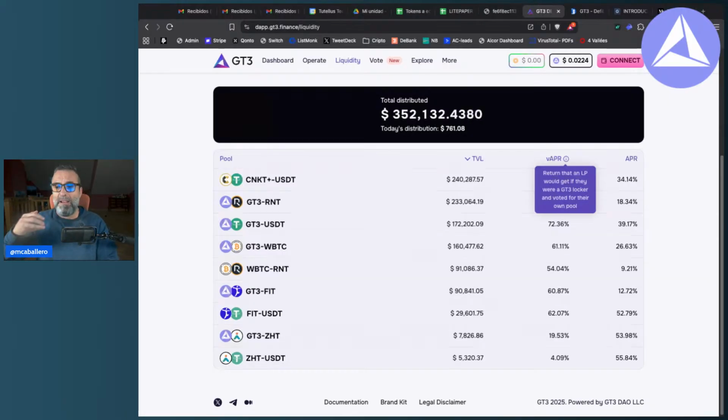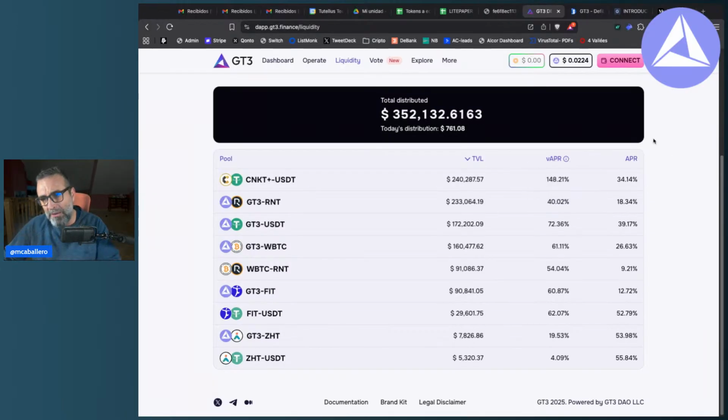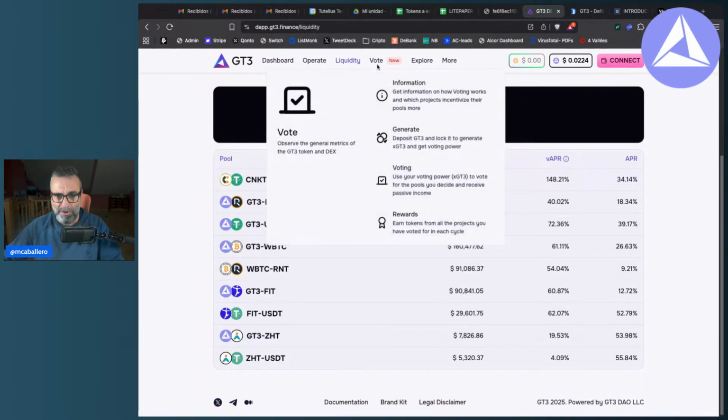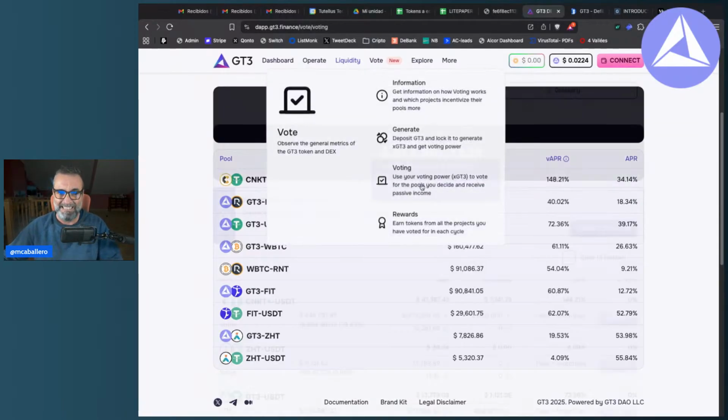The one coming from the liquidity pool, where you are a liquidity provider, you provide liquidity, and you get this APR. And on the other side, you can be a GT3 locker and not an LP, and start to receive rewards based on this VAPR, right? So this is something completely different in GT3 with respect to other DEXs.